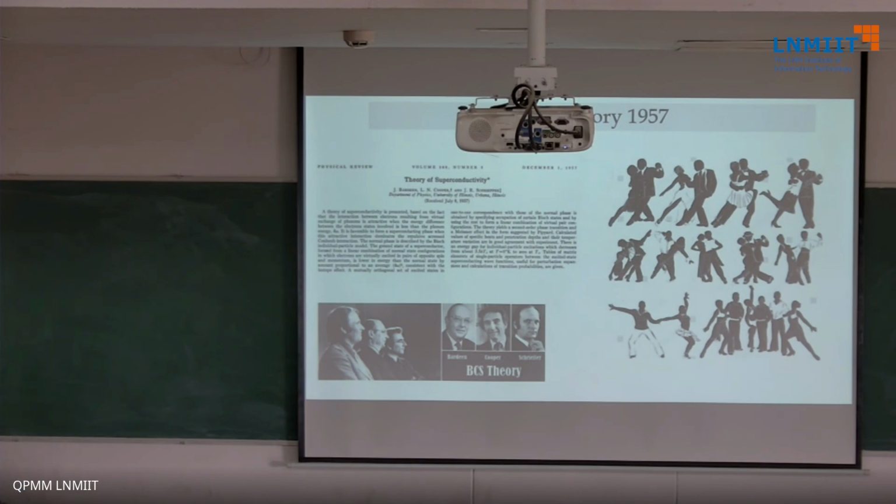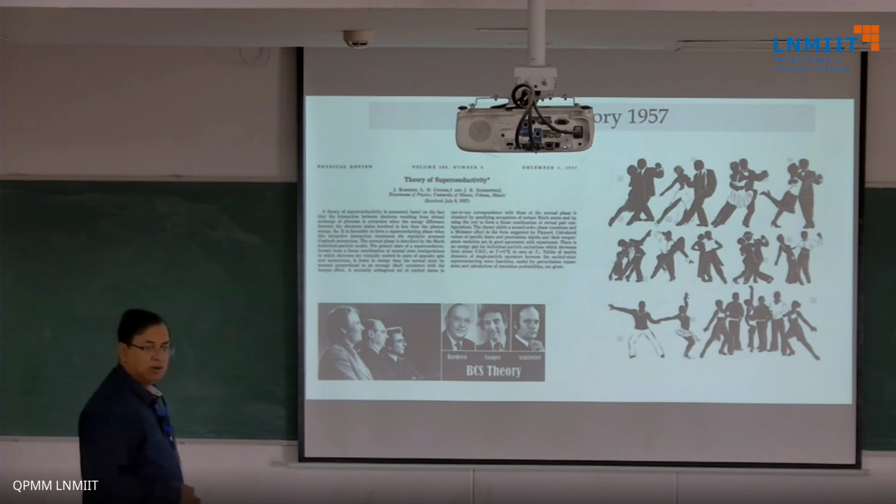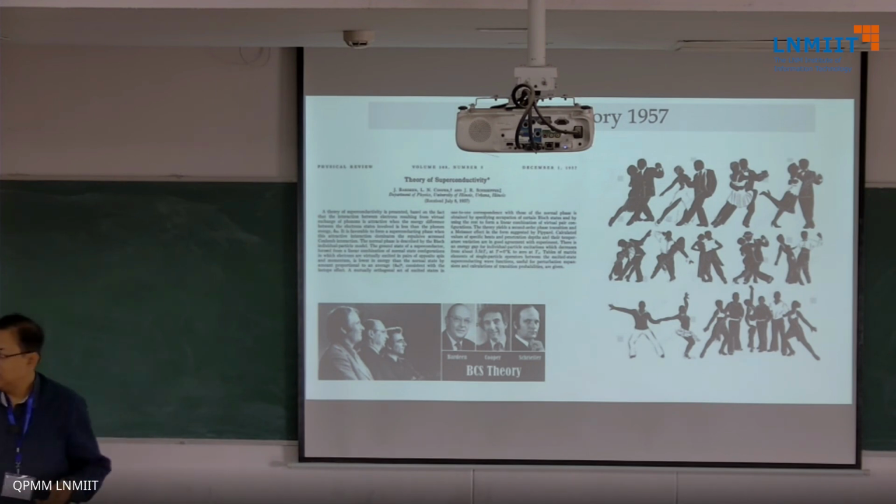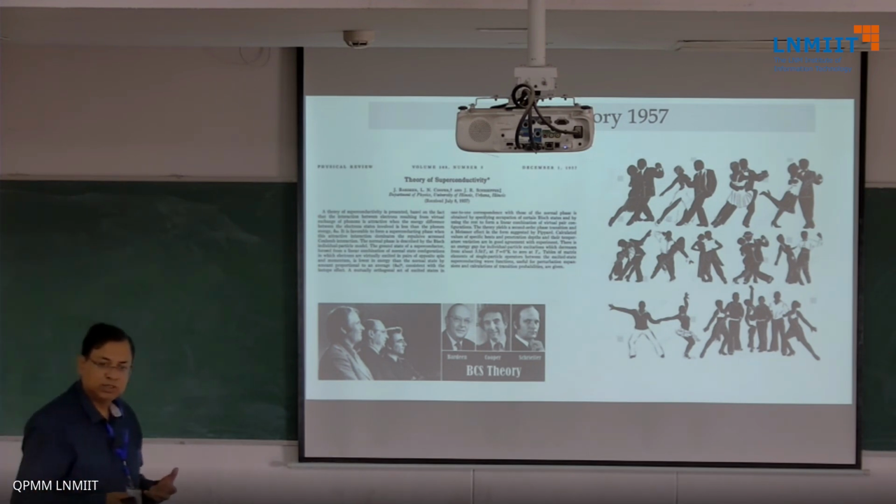Yeah. So what this is saying is that each one of them finds a partner, and once they find a partner, they start dancing together throughout the room, making no collisions with each other. So these are the Cooper pairs, and what forms a glue between the Cooper pairs are the lattice excitations, or the phonons.